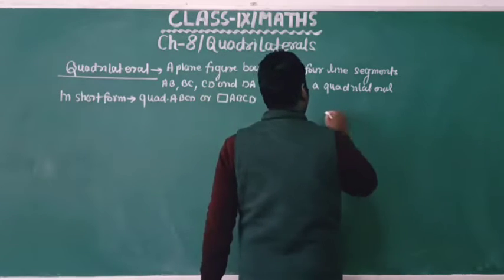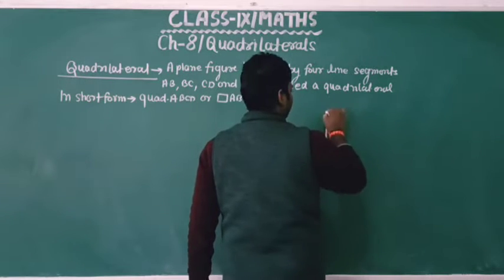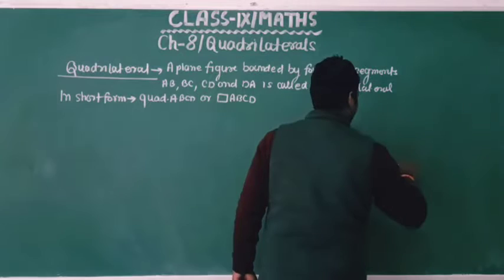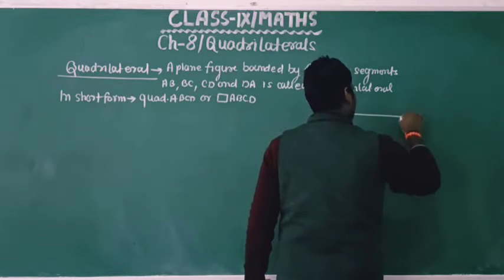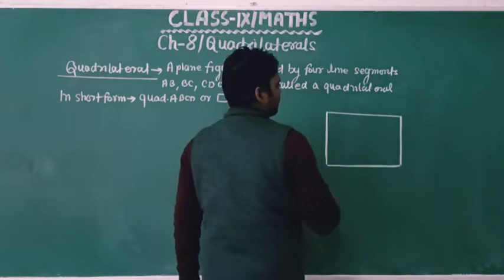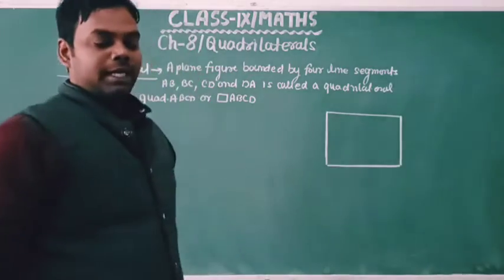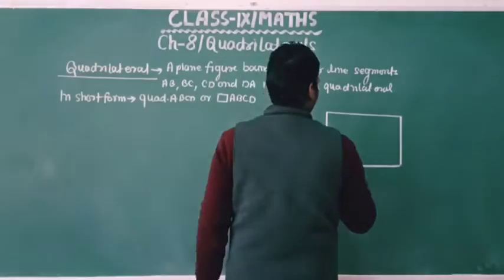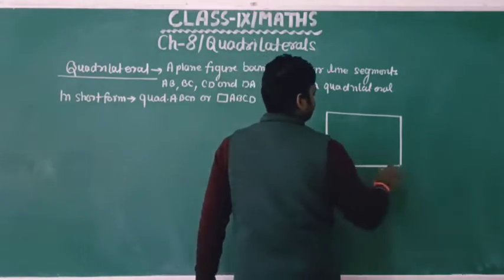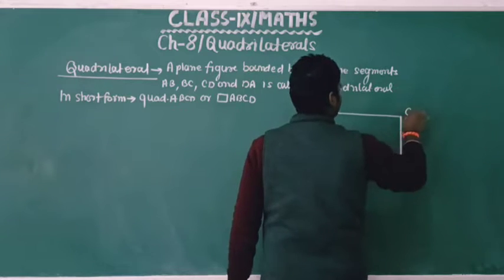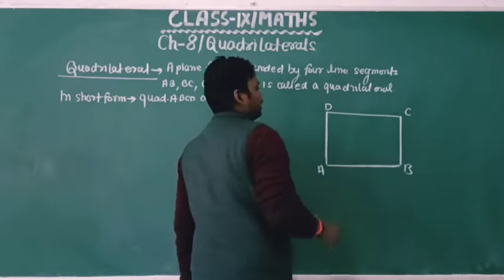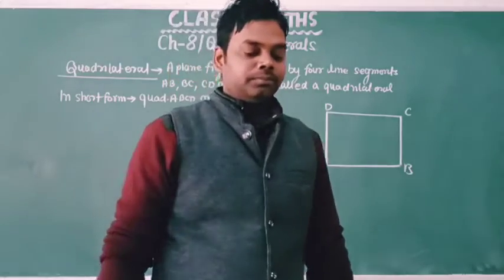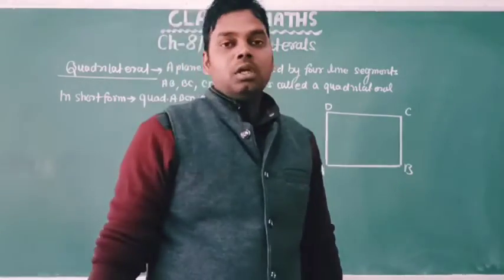Okay, so let's make its diagram. This is quadrilateral ABCD.